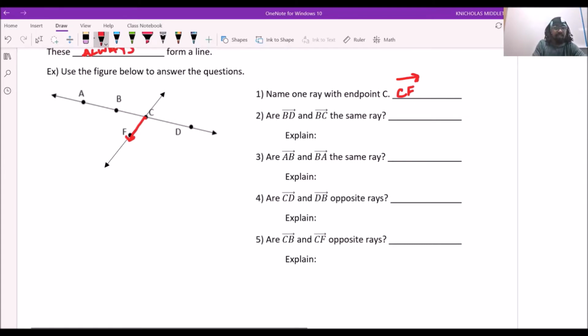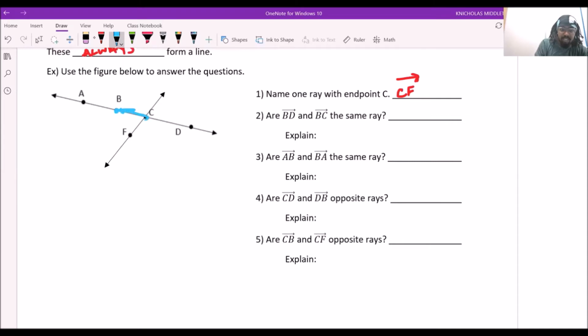All right, next question says, are BD and BC the same ray? When we look at just the name of it, we're like, no, one's BD and one's BC. But remember, we look at the definition: it's the endpoint and every point in the line in the direction of the other point.